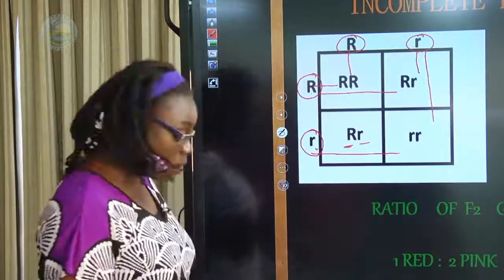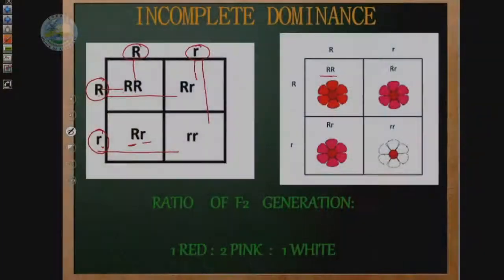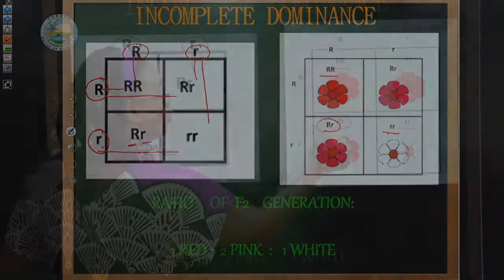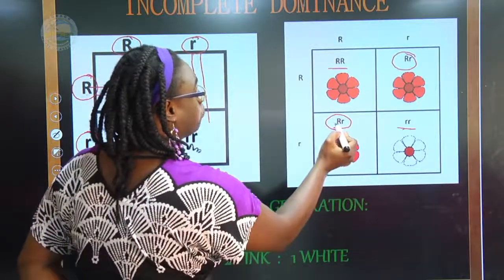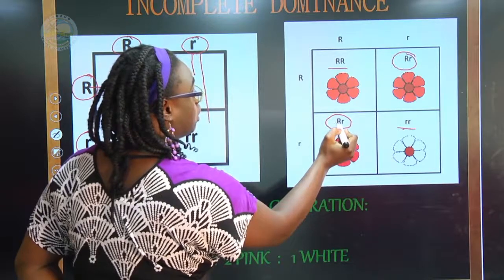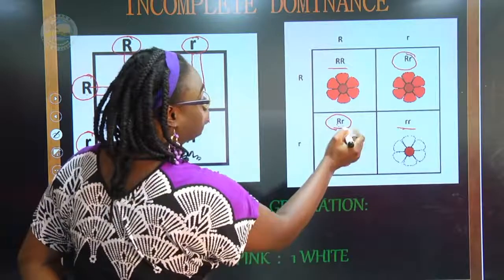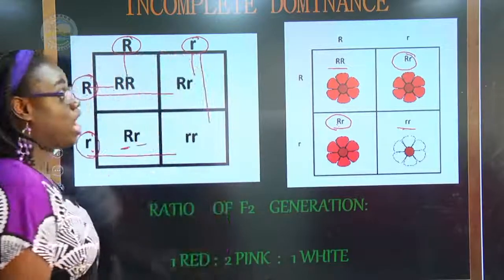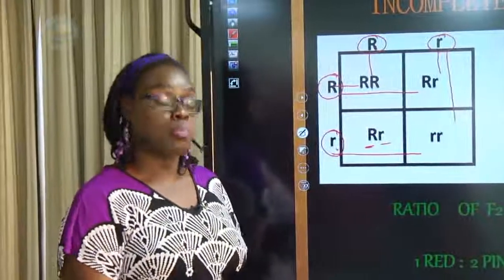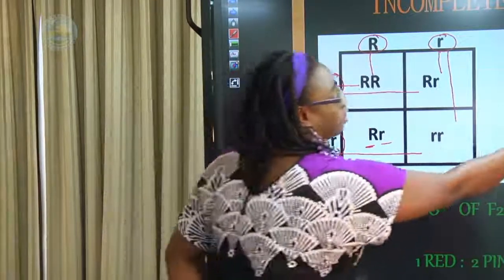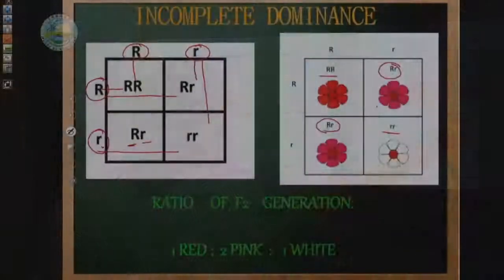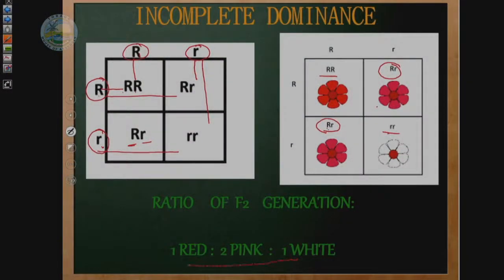And what will be the phenotypes? Capital R is red, common R is white, but in the heterozygous state, where you have capital R, common R, the flowers are pink because the dominant allele of red does not completely suppress the recessive allele of white. So we have blending of red and white, so we have pink flowers. So the ratio of the F2 generation is 1 red to 2 pinks to 1 white.